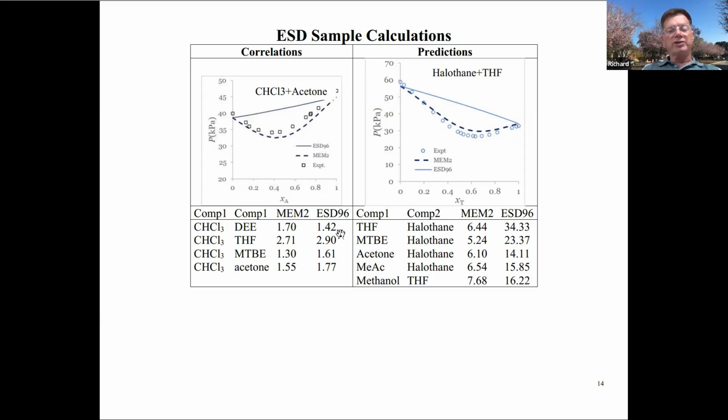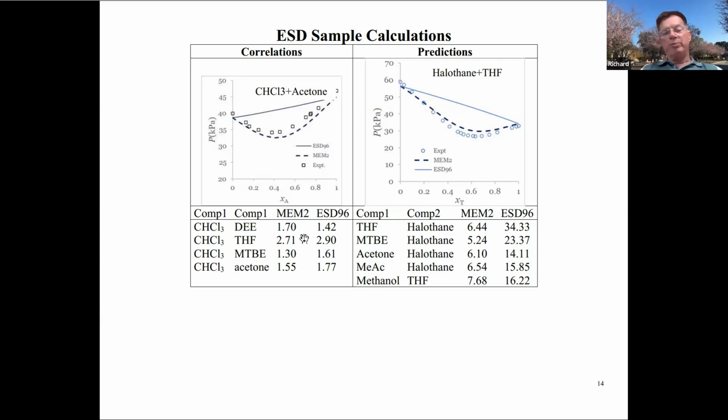And what you see is there isn't much difference. Why is that? Because in both cases, I'm still letting Kij be a freely adjustable parameter. So when it comes to making a correlation and Kij is adjusting to do the best you can, you don't see much of a difference.